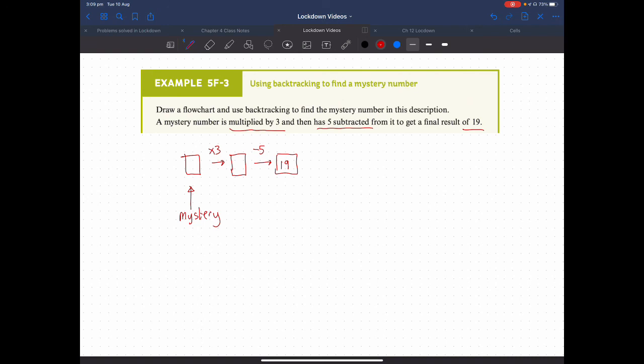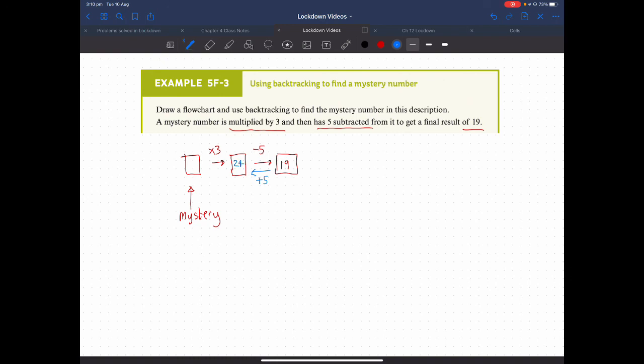Now we're going to work backwards. So I'll do the working out backwards in blue. To go from 19 to the middle number, I need to do the inverse operation to -5, which is +5. 19 plus 5 is 24.